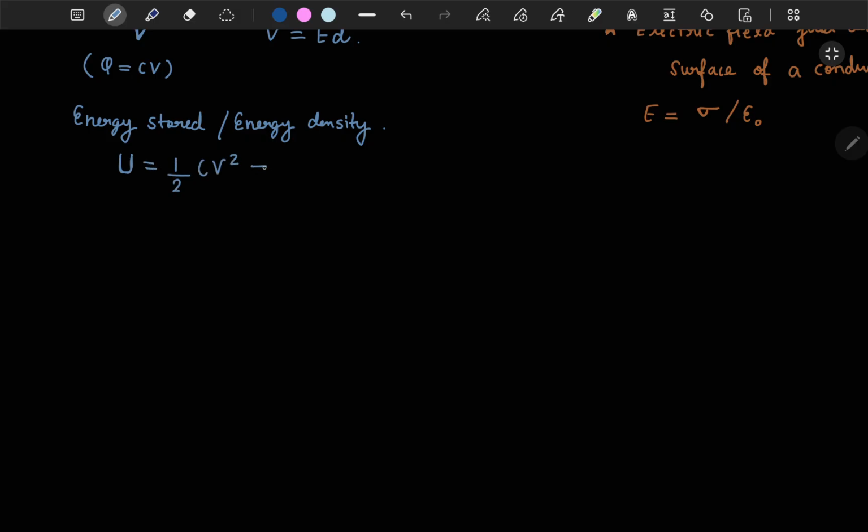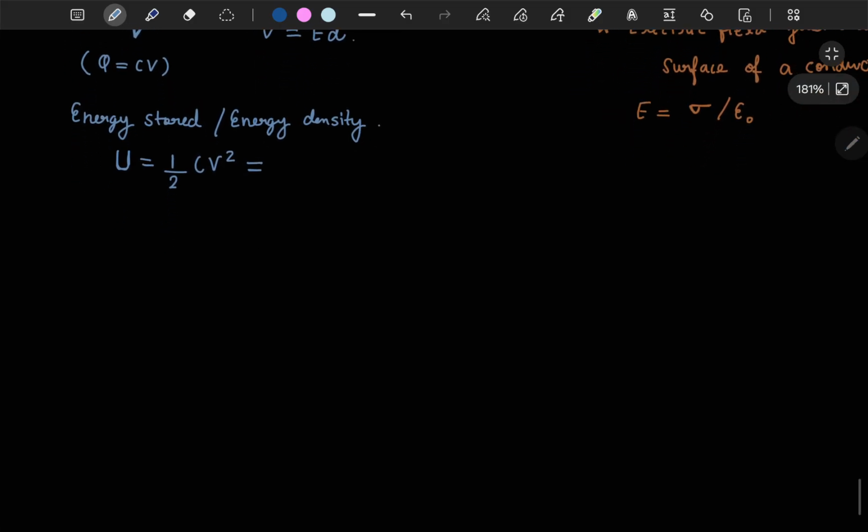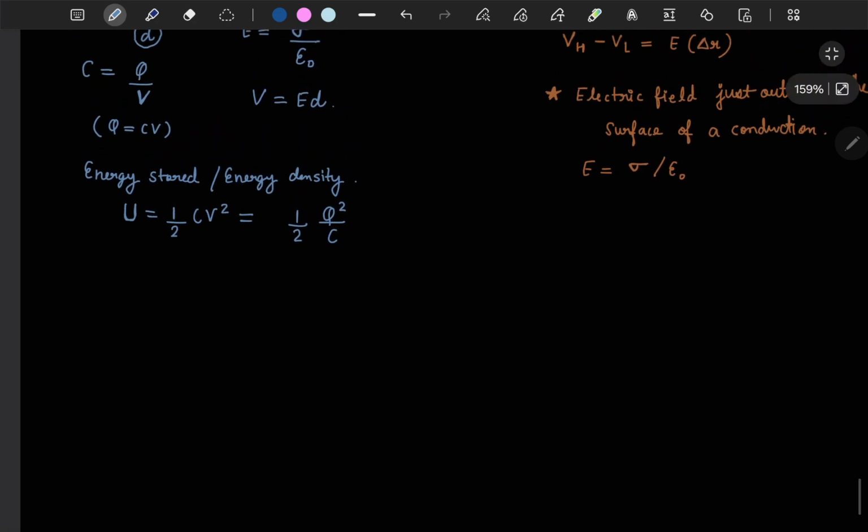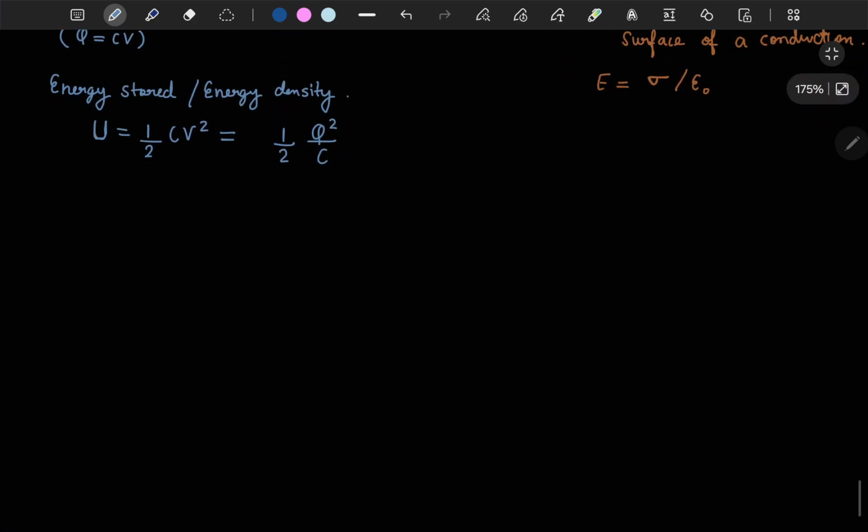Now we have talked about C is equal to Q by V. So if we put it in the formula, it will be half Q square upon C. We are replacing the V by Q by C. So it is Q square by C square, and one C got cancelled. So we will get half Q square upon C.